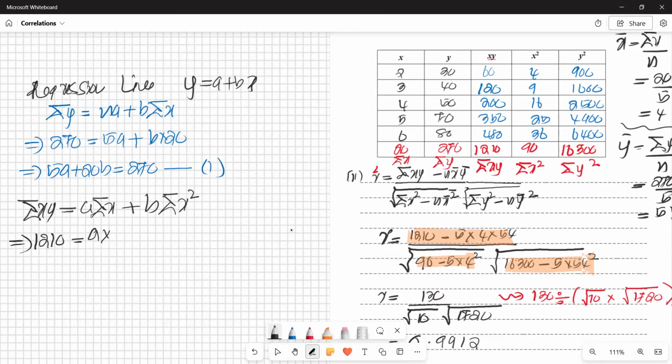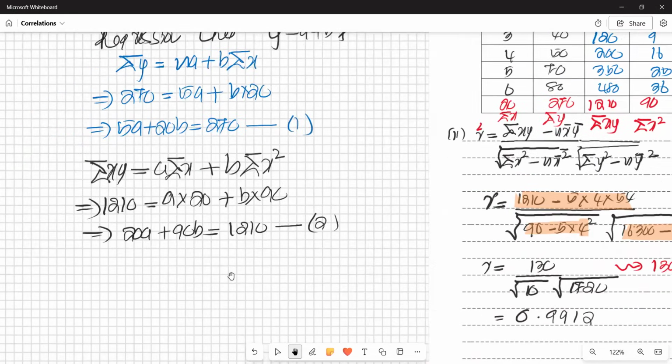A into sigma x, sigma x is 20. B into sigma x squared, 90. Like the previous one, change the sides: 20a plus 90b equals 1210.